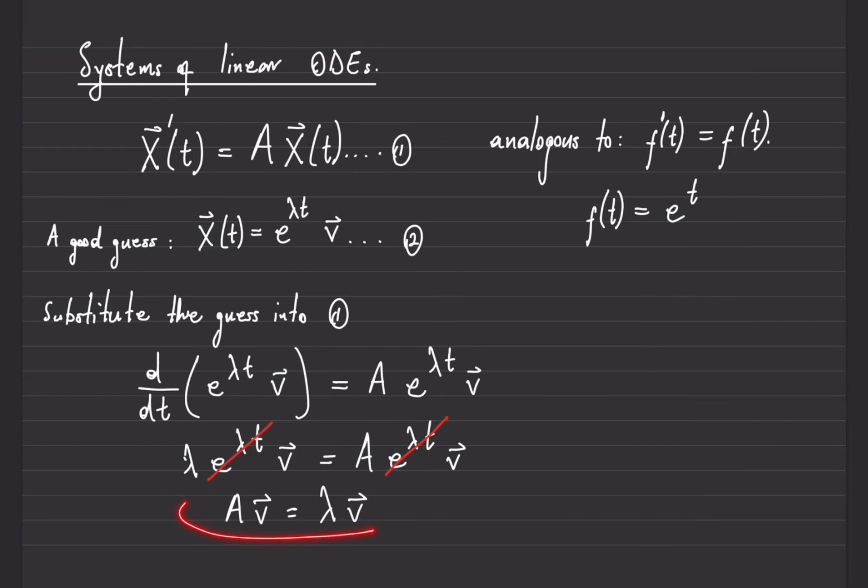And as we spent a lot of time on, this equation is an equation of eigenvalues and vectors. I hope that gives you now a reason why we search for eigenvalues and vectors in the context of systems of linear ODEs. And then next we will consider an example and begin to apply these ideas.